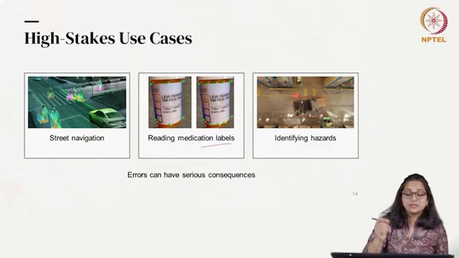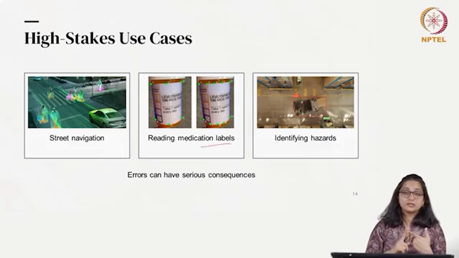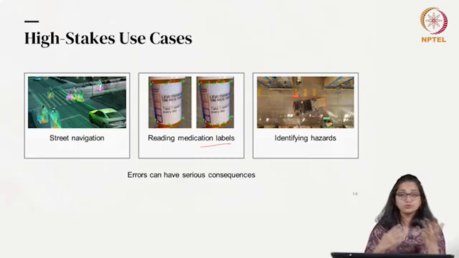Then reading medication tablets. So if computer vision models can read the tablet labels and tell you that it has to be taken once a day, what is the name of it, so you don't take incorrect medicine, or if or not the medicine has expired, for example.